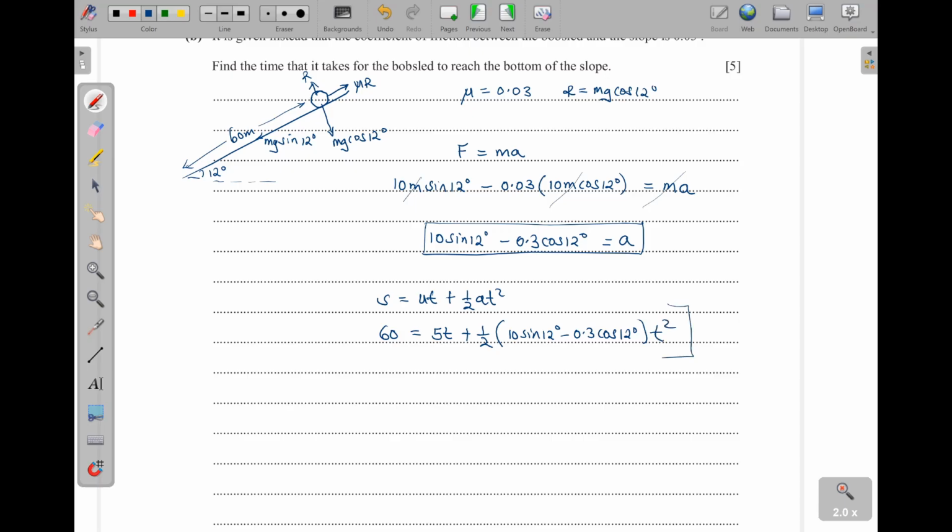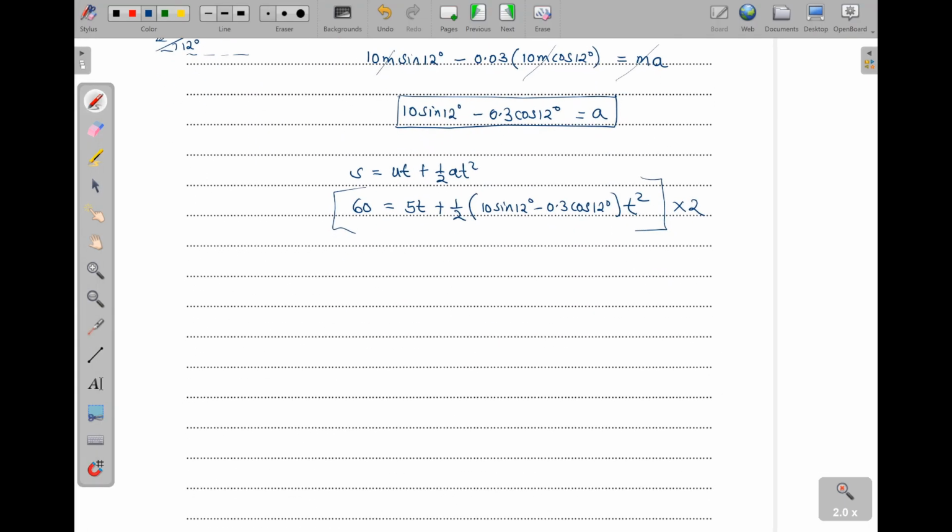Now I'm supposed to solve this quadratic equation, so times 2 everywhere such that I can eliminate the half with the denominator. Then we are going to have 120 equal to 10 times 2, remember we are multiplying all through by 2, then 10 sine 12 minus 0.3 cos of 12, the coefficient of t squared, equal to 0.